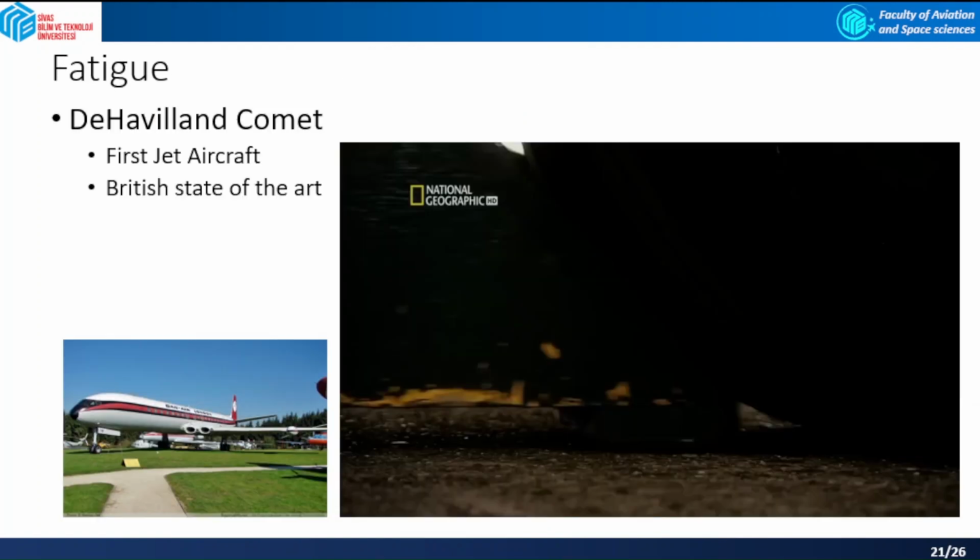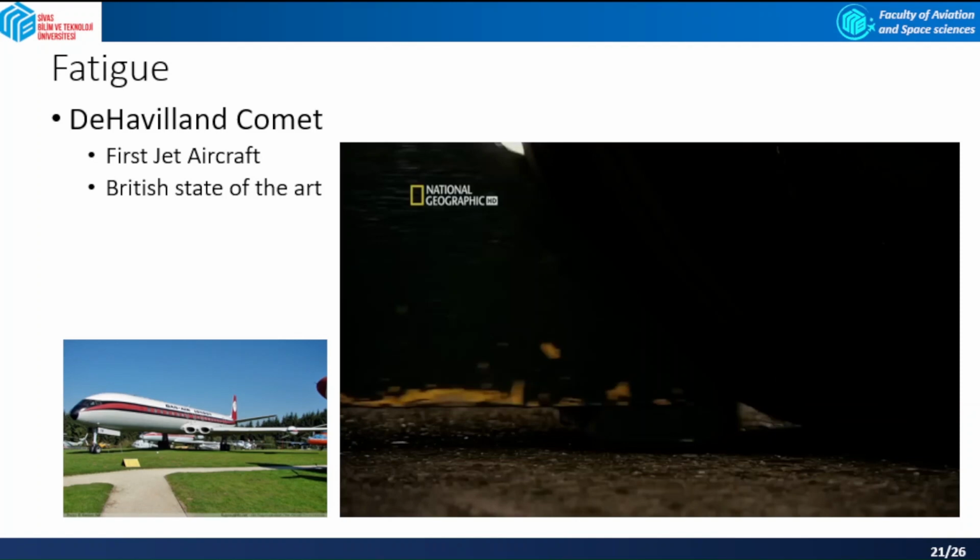The pressure cabins are also closely linked to metal fatigue, as demonstrated by the case of the British de Havilland Comet, the first operational jet aircraft of the post-World War Second era.